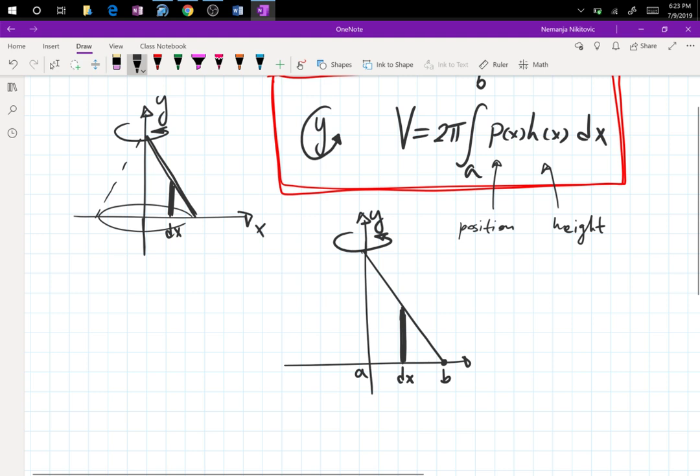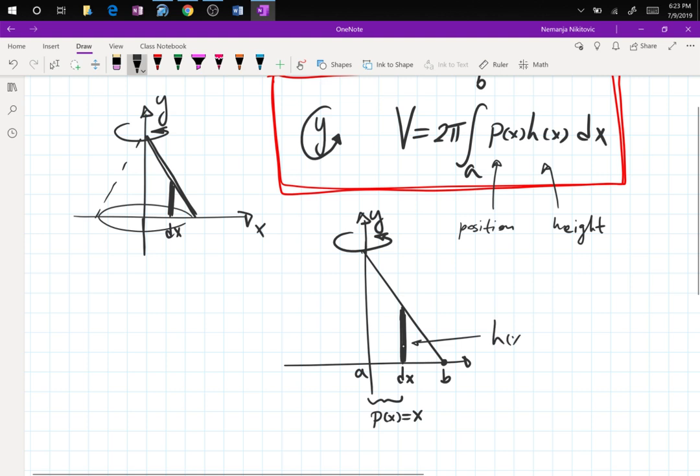So now we see that the location for x, this distance here, is p of x, which is equal to x. So p of x is measured by x. And the height, h of x, is measured by f of x minus g of x. In this case, g of x equals 0 because it's just the x-axis on the bottom.